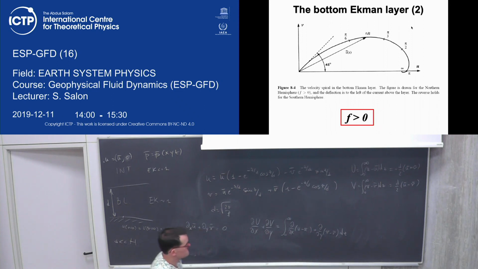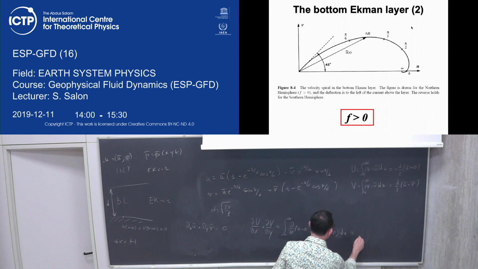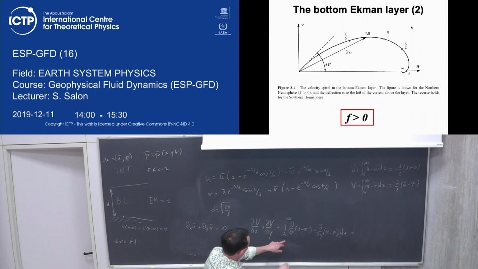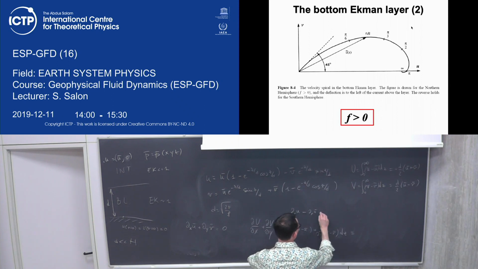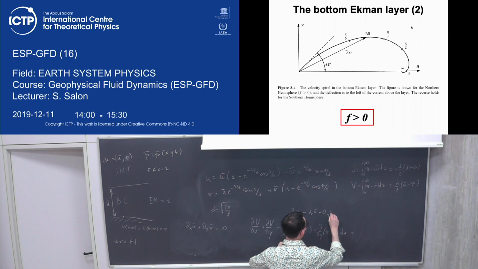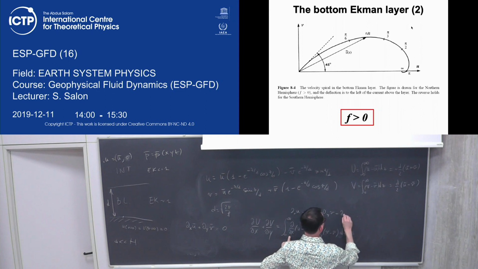From this I have the dx of U minus the dx of U bar plus the dy of V minus the dy of V bar.